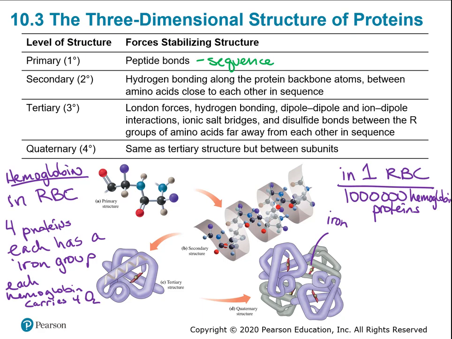And 1 drop of your blood has about 5 million red blood cells. And that's just a drop of blood. And you have about 4.5 liters of blood in your blood vessels. So that's huge amounts of oxygen, but they're supplying oxygen to trillions of cells. Right? You are trillions of cells.